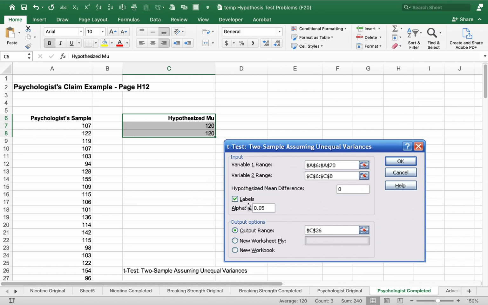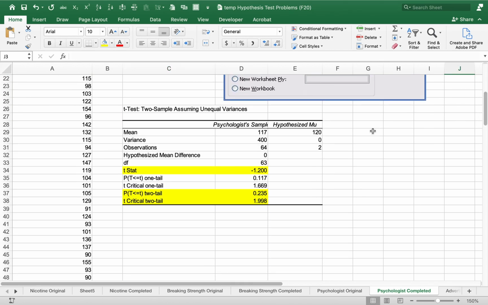You do it exactly the same way, a t-test assuming unequal variances. The only thing to note here is that we're using the t star, but then these guys at the bottom. So here's your critical value of 1.998 for a two-sided t-test.